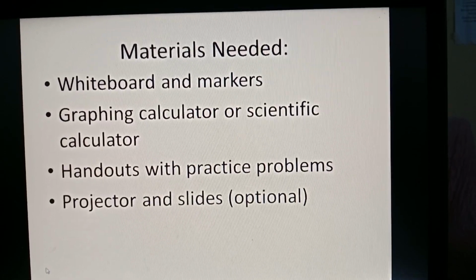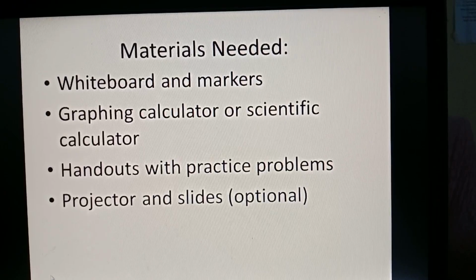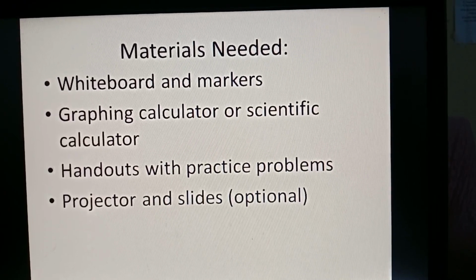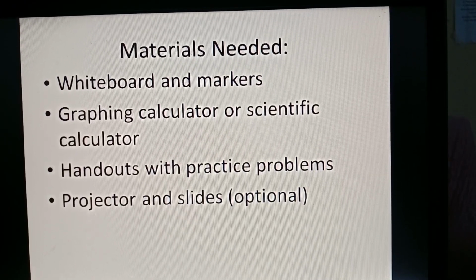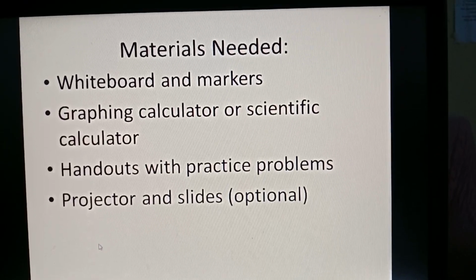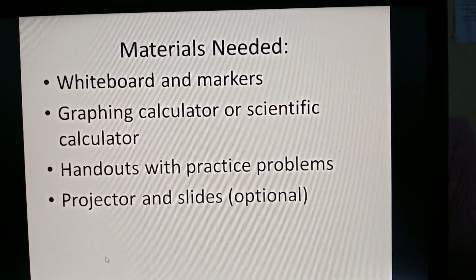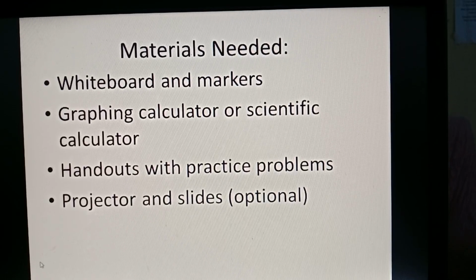The materials you need are the whiteboard and markers, graphing calculator or scientific calculator, handouts with practice problems, projector and slides, which is optional because maybe not many schools can afford that.